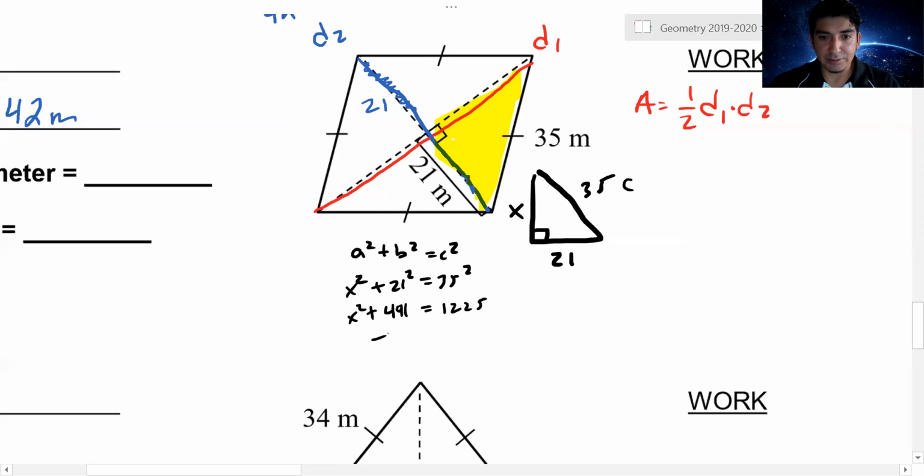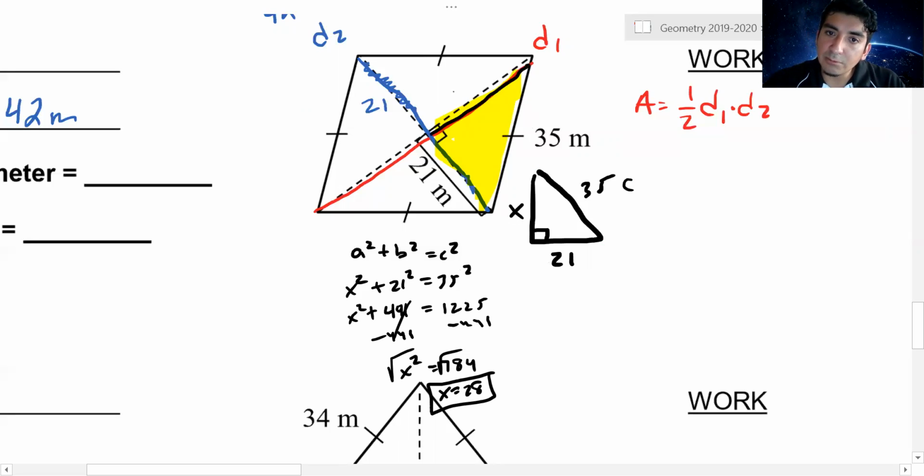So you can subtract 441 from both sides, and then you do the square root of 784. Square root it, x equals 28. So this part here will be our 28.